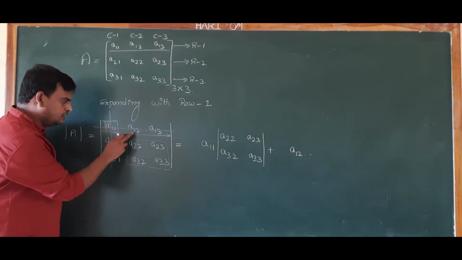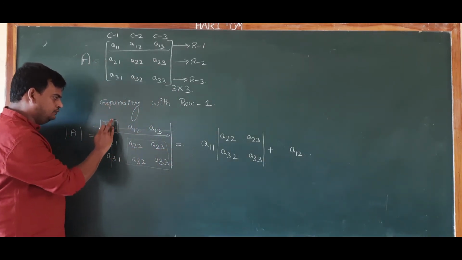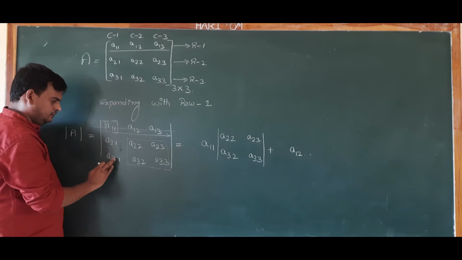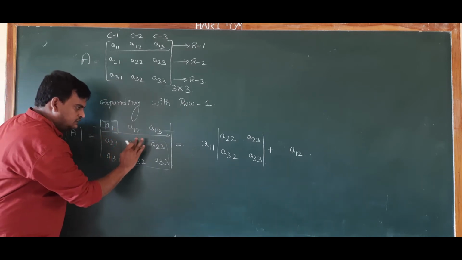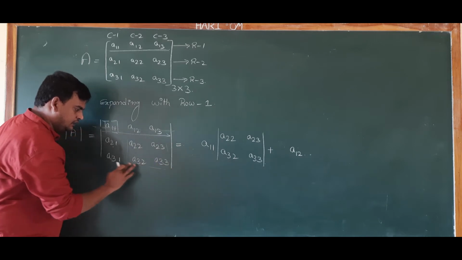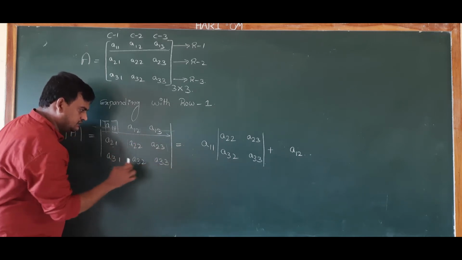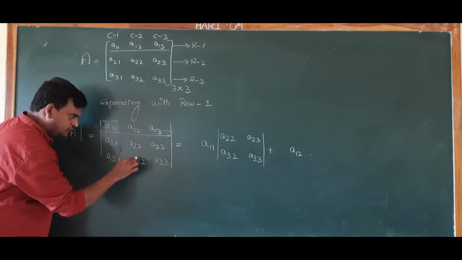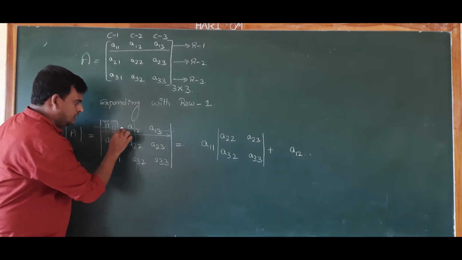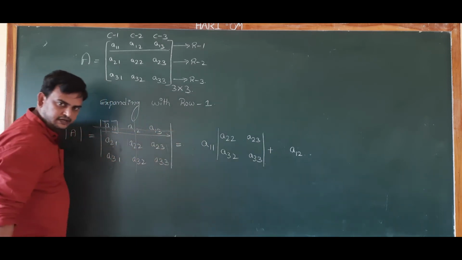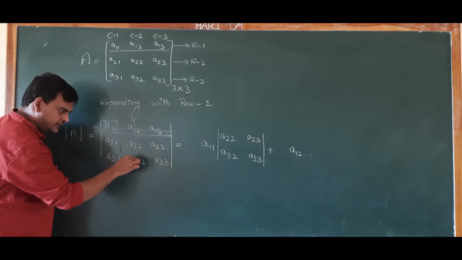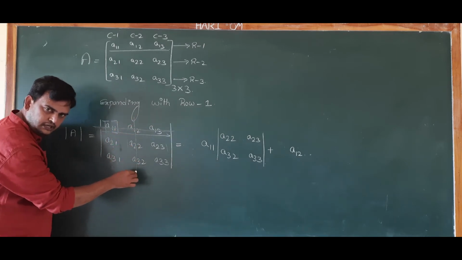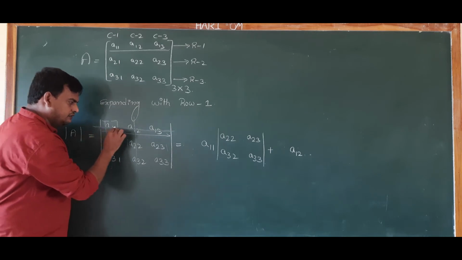When we choose the element A12, we eliminate the corresponding column and row elements: the entire second column and the entire first row.